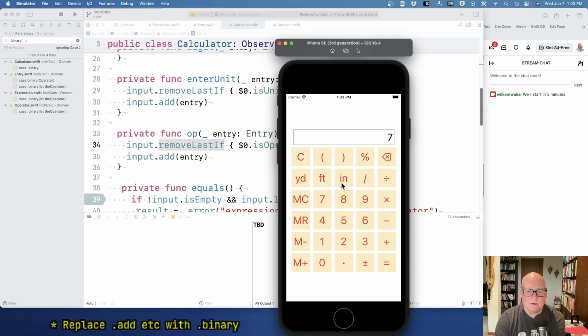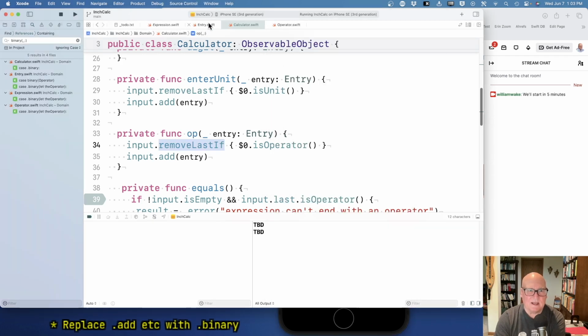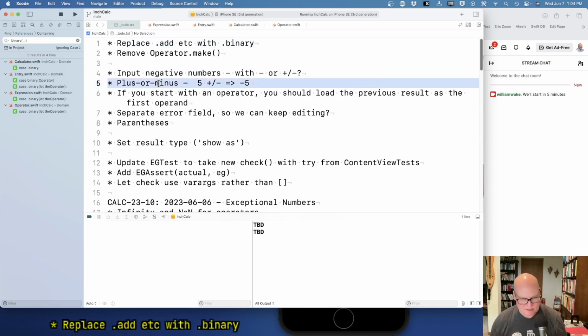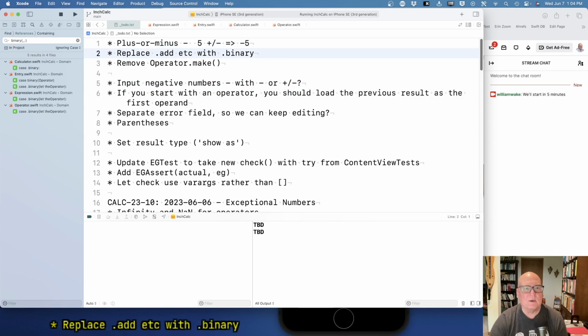It's going to look a little weirder, like 7 feet 8 inches plus or minus is really minus 7 feet minus 8 inches. This gets treated like a single operand. Let's try doing that first. I think that'll be okay. It's pretty common for calculators, and I suspect it's not all that used, but once in a while you need it. All right, so let's see if we can make this the priority.